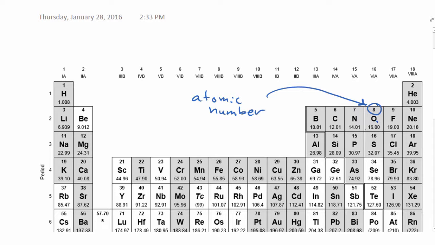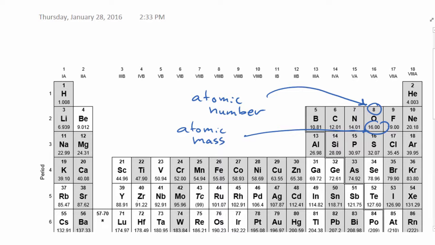And the number in the bottom of each box is called the atomic mass. Good, the atomic mass. The atomic mass is given in units of AMUs.